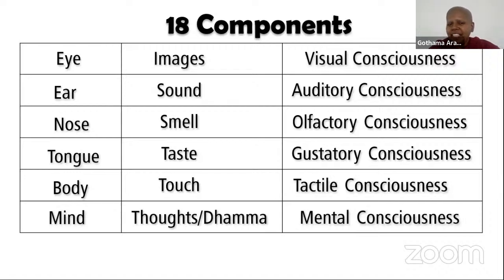So these are information for consciousness. So we have 18 components: internal 6, external 6, and the 6 consciousnesses. Altogether, among these 18 components, is there any greed, aversion, or delusion related to them?